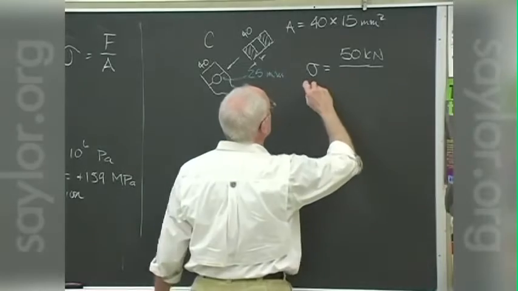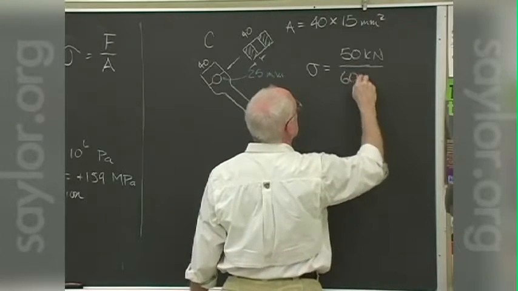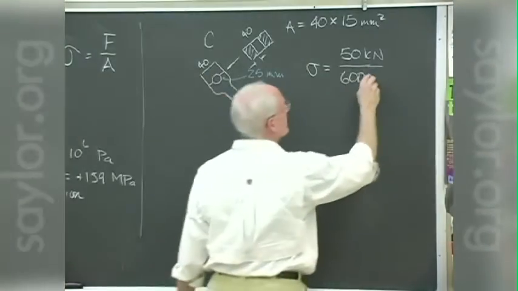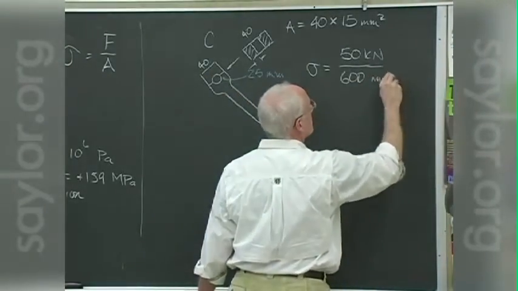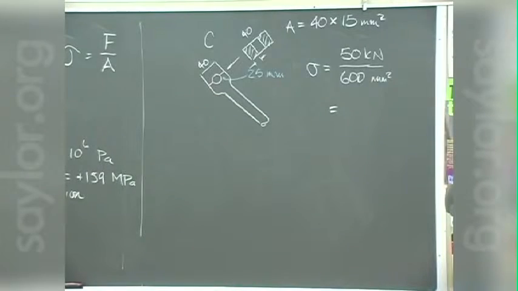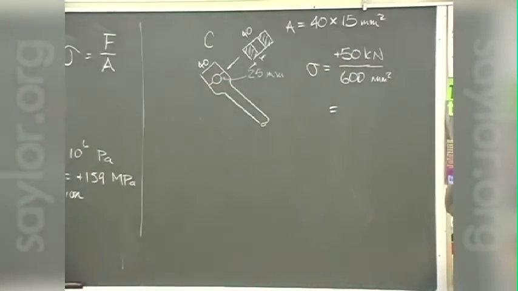And that's, what, 600 millimeters squared. Is that right? So what's the stress in that piece? That way we can compare it to the stress in this piece. Again, this is still a tensile load, so we'll call it a plus.